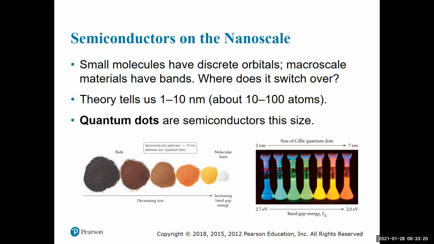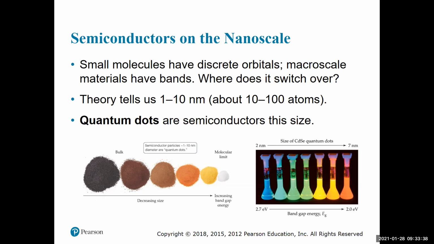The other thing about the quantum dots is if we look at the figure on the lower right-hand side, we see our old friend band gap energy, okay? And we talked about that being important in terms of getting that electron flow to go.